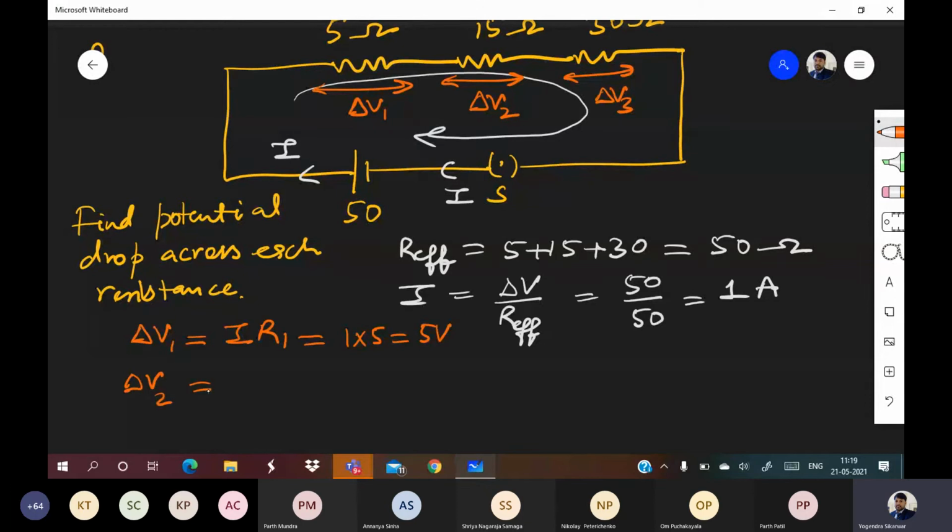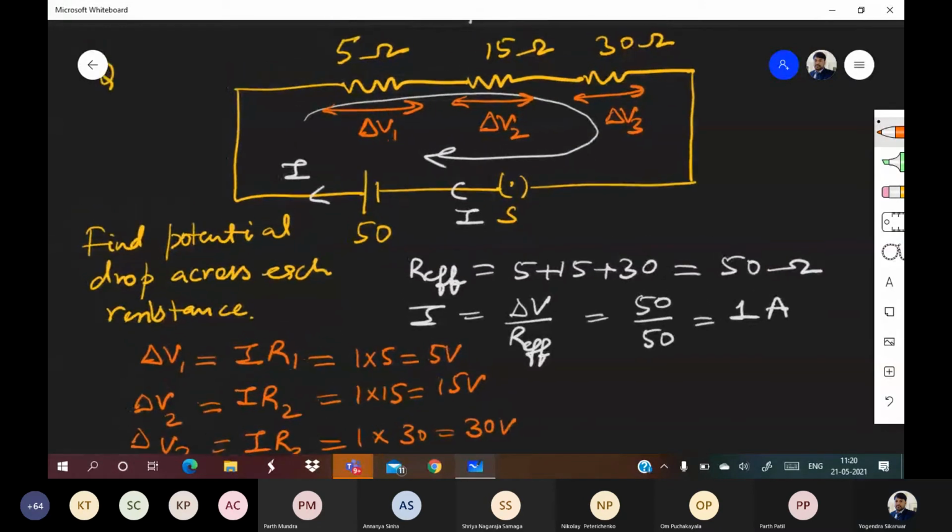Similarly, delta V2 is equal to I into R2, and that is 1 into 15 is equal to 15 volt. Delta V3 is equal to I into R3 is equal to 1 into 30 is equal to 30 volt.